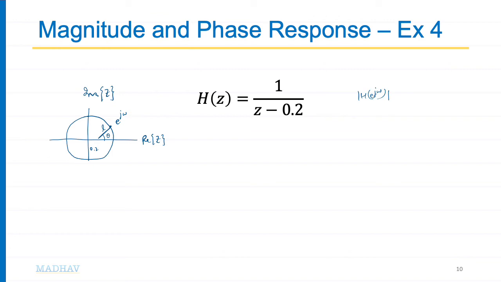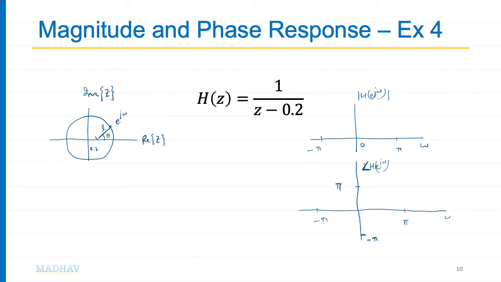So what I get here is, as I increase my omega, my distance is 0.8 in the beginning, and then it becomes 0.2. But since this is in the denominator, the whole thing is reversed. These are just the plots. So we have this. This is a pole, and then H of e to the power j omega is simply 1 upon this magnitude thing.